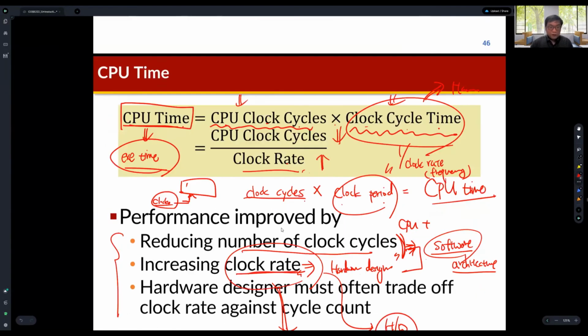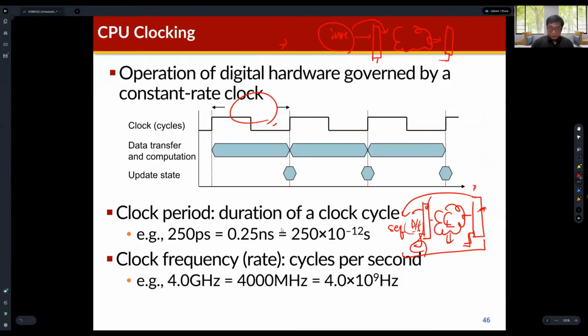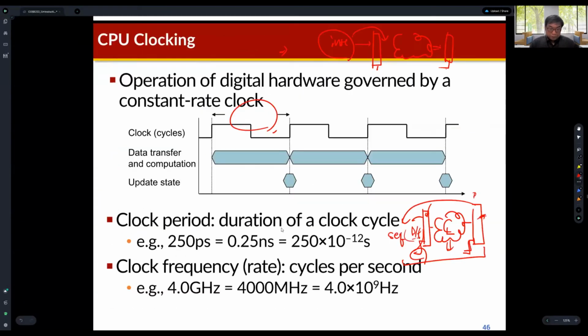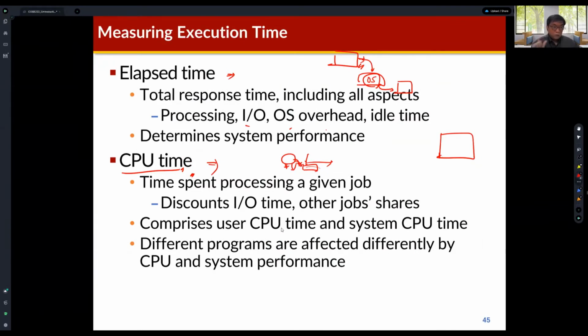Also, we focus on the CPU time. So I briefly reviewed what we learned in the previous class. In this course we focus on the CPU time. A computer is composed of a CPU and peripherals such as memory systems, networks, and I/O systems such as the mouse and keyboard.